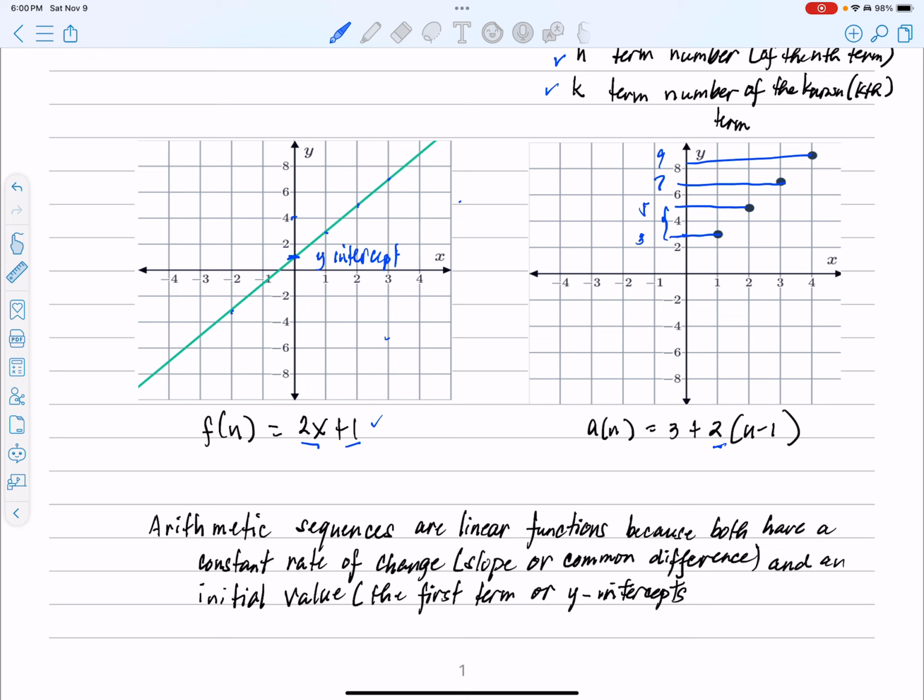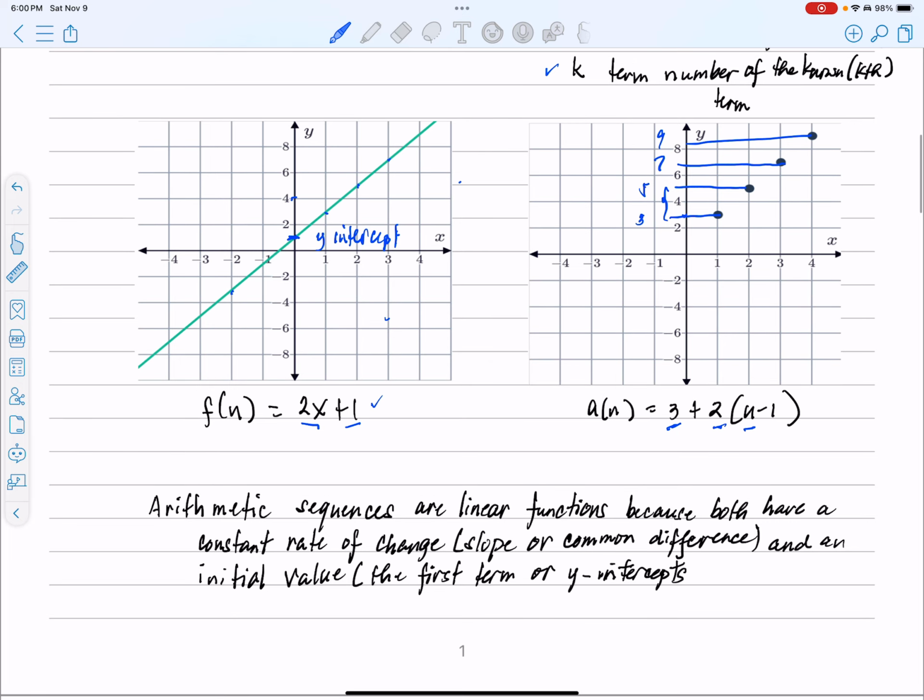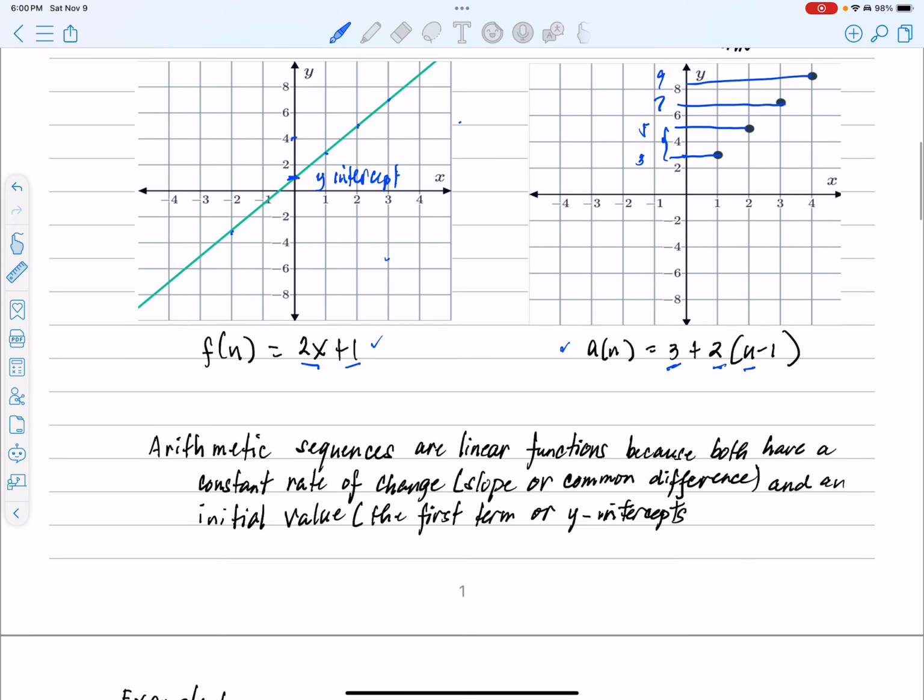And the starting point is 3. And for the number of terms, you just multiply it with the nth term minus 1 for the arithmetic sequence. So we could say that arithmetic sequences are linear functions.